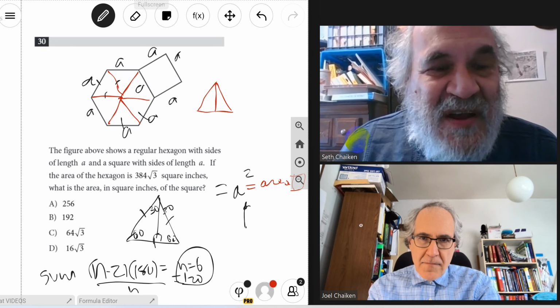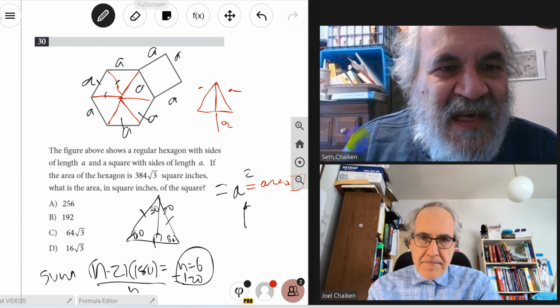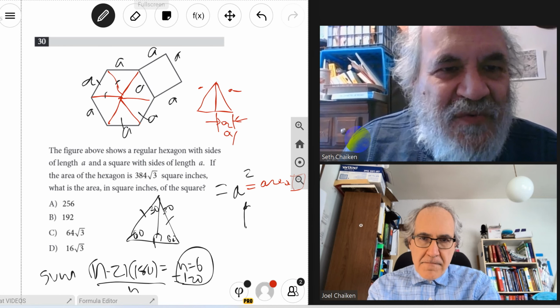Therefore, if each side is A, then the length of this short side here is A over 2.